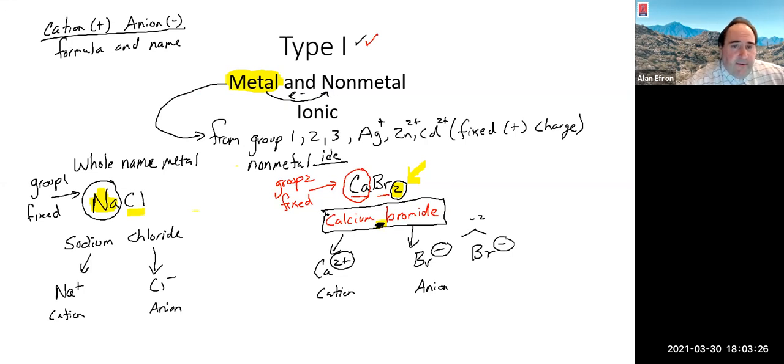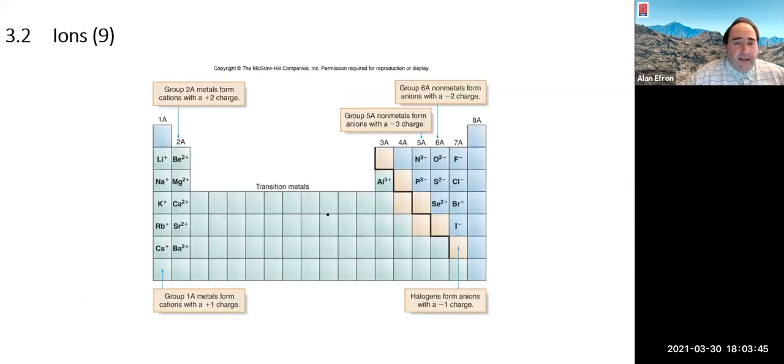So again, people oftentimes have that urge to use those prefixes in every single naming aspect. But you want to make sure that you only use it in the appropriate place. And again, that is not here. Any questions on type 1?